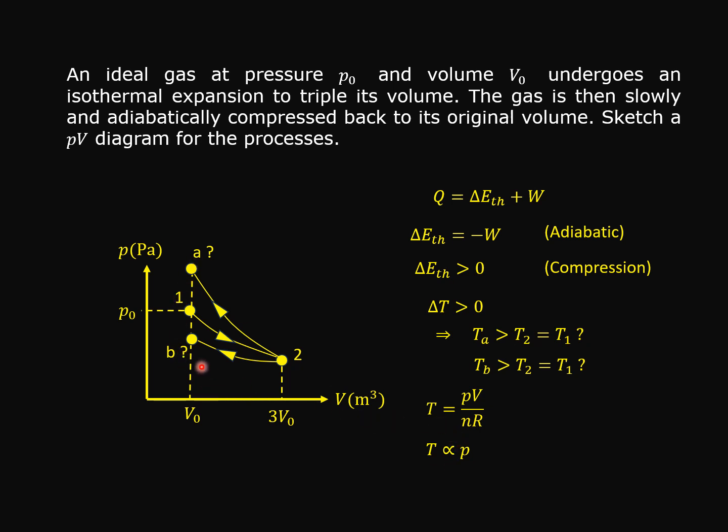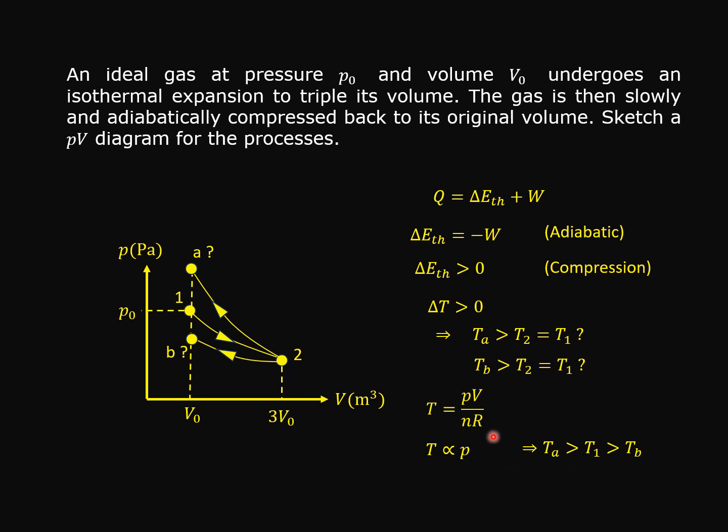So that means the temperature for these three states, A, 1, and B, depends on the pressure. When the pressure is larger, the temperature of the corresponding state of the gas will be larger. So TA should be larger than T1, which should be larger than TB.